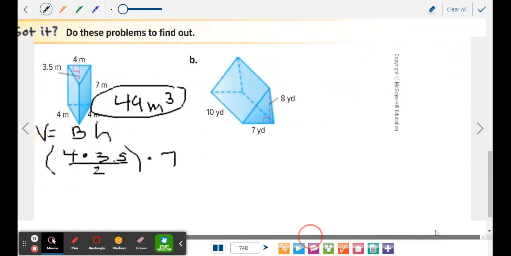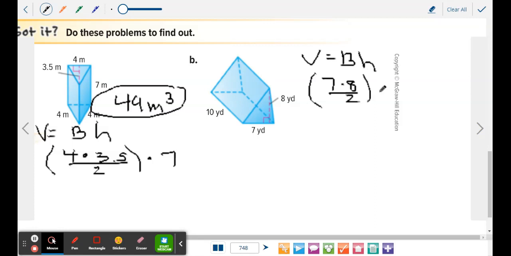All right, letter B, same thing. Area of the base times the height of the prism. So what's the base of the triangle? Of just the triangle, 7. What's the height of the triangle? 8. And then what's the height of the entire thing? 10. So do 7 times 8, divide that by 2, and then multiply it by 10.